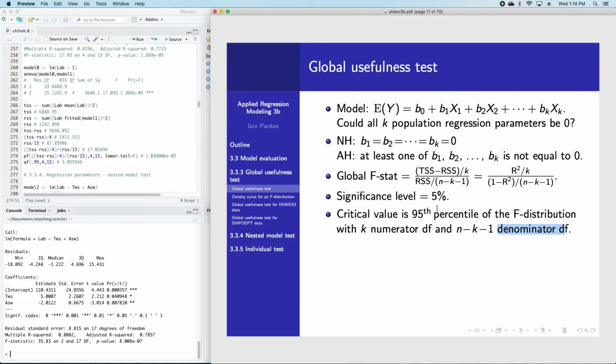And unsurprisingly, the numerator degrees of freedom is given by the number in the numerator of the F statistic formula, so k, the number of predictors, and the denominator degrees of freedom is given by the number in the denominator of the calculation, so n minus k minus 1.